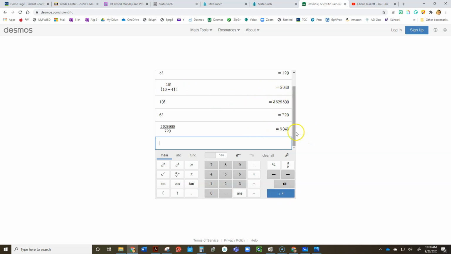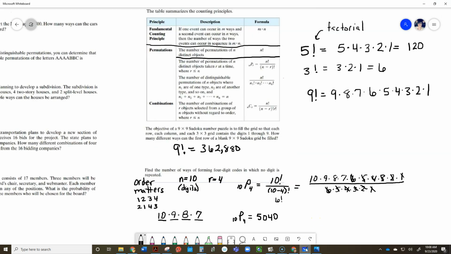So it doesn't matter to me how you do it. You can type it in the calculator like that, or you can calculate it by hand. I do expect you to be able to show me this.